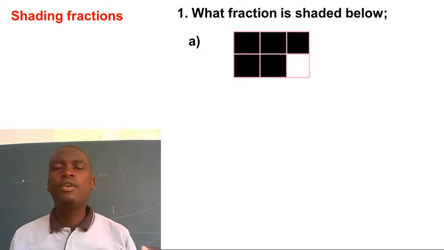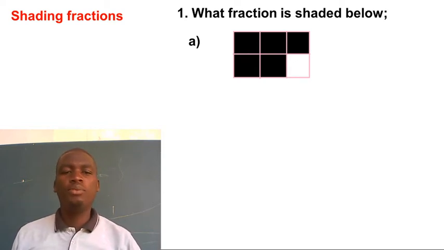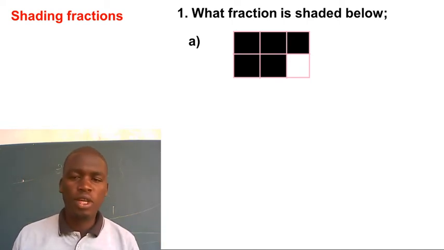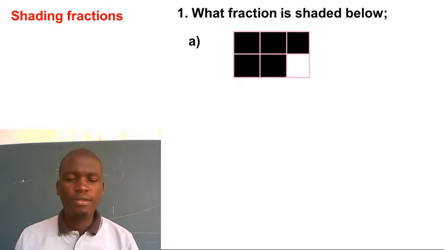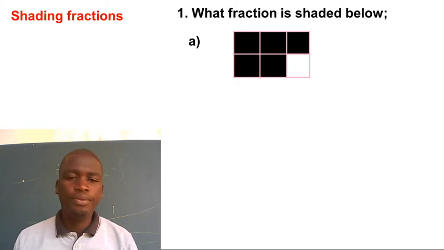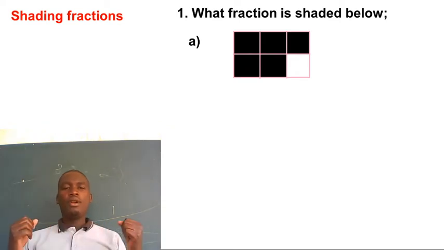When we have a half, another fraction can be 2 out of 4, which is the same as a half. Another one is 4 out of 8, the same as a half. We have 3 out of 6 the same as a half, and 5 out of 10 is the same as a half. But today, let's take a look at shading fractions. You are given diagrams and you are supposed to shade the fractions.